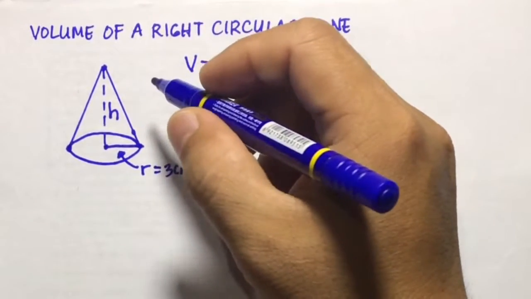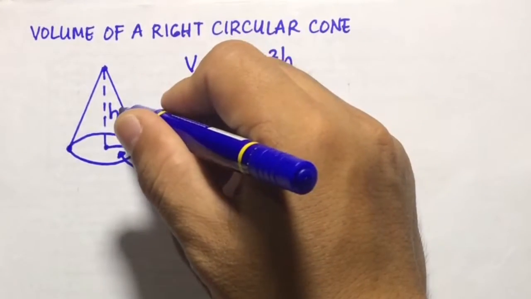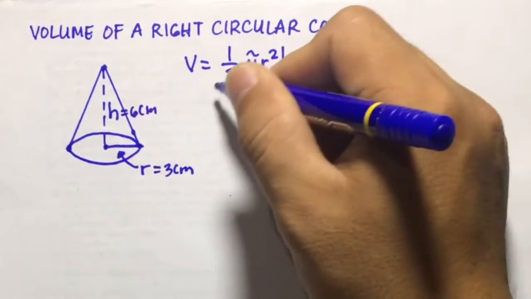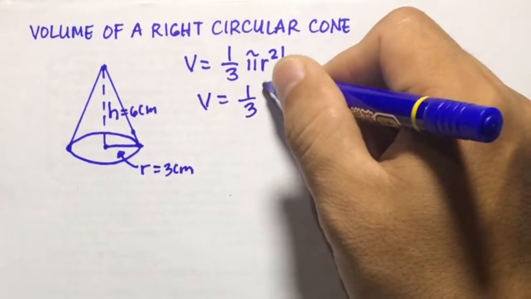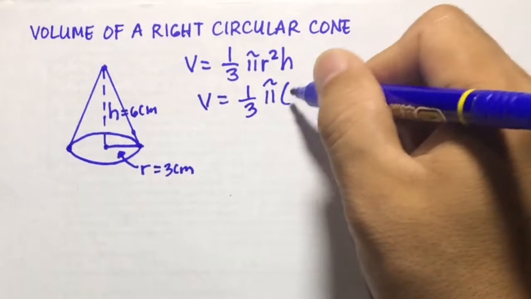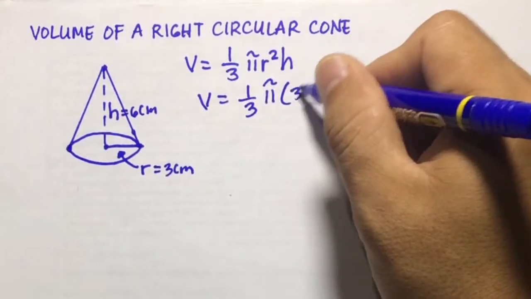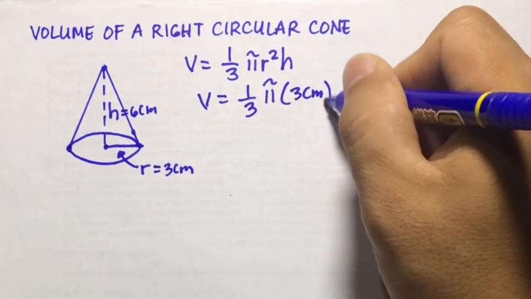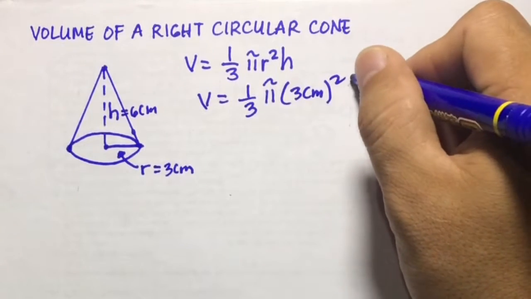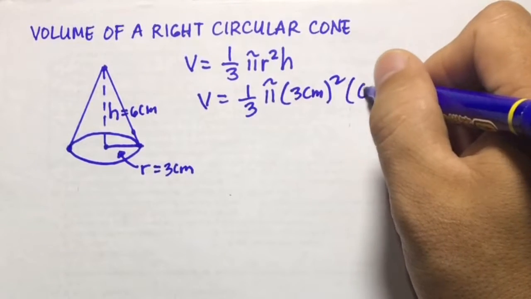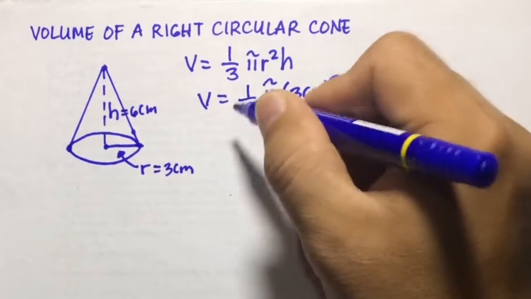and the height here is equivalent to 6 centimeters, we can have its volume as V equals 1/3 of pi times r squared. So we're going to have 3 centimeters squared, then times the height, which is 6 centimeters.